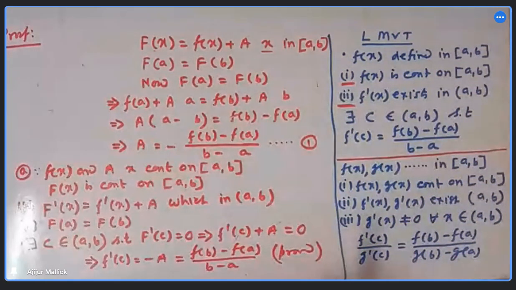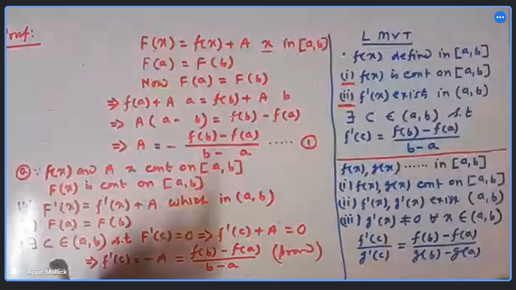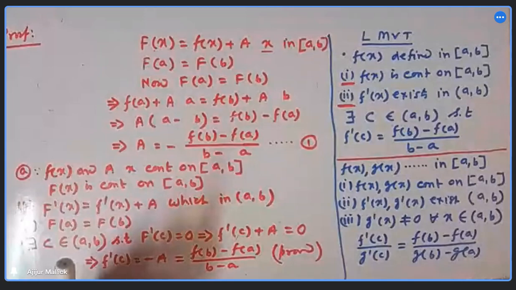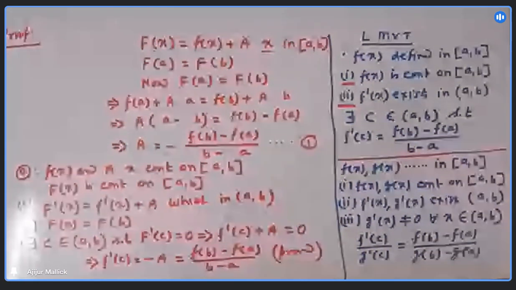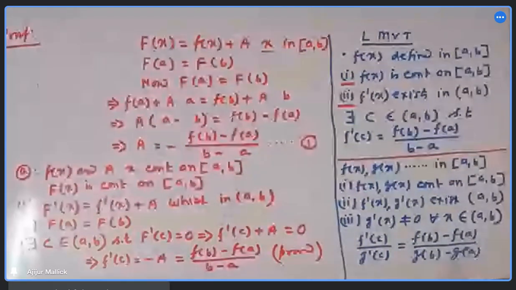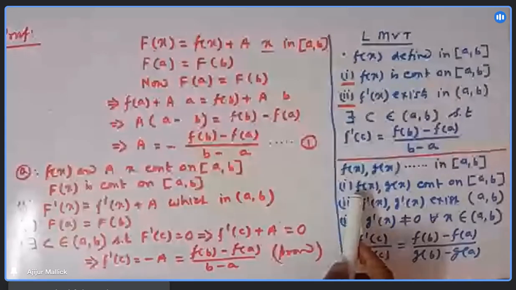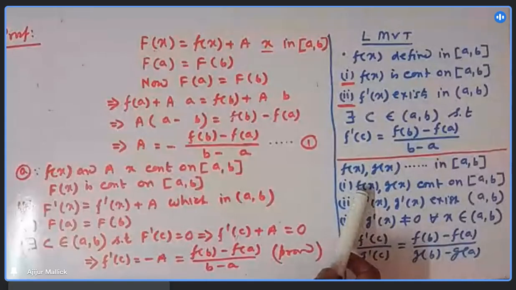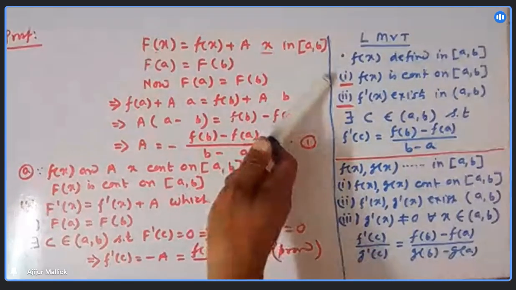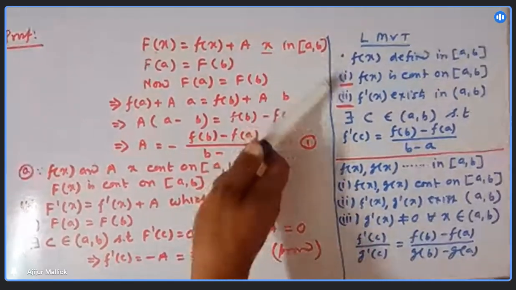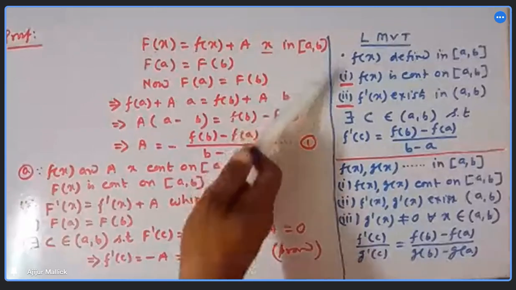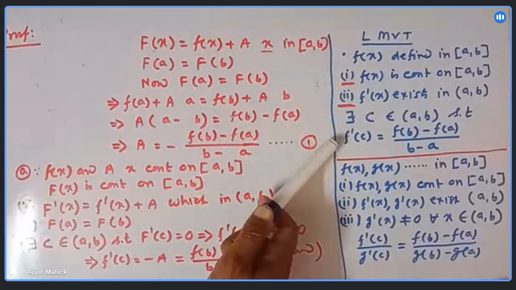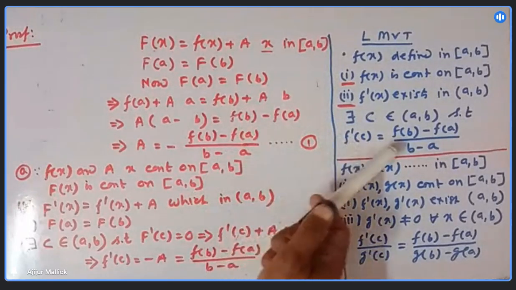Look here, just listen to me, do not write it. Here f(x) satisfies both conditions of Lagrange's mean value theorem, so for f(x) you can find f dash c in this way.